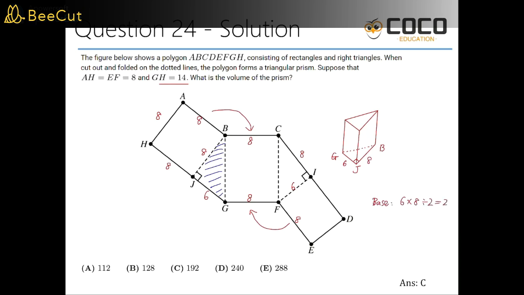The base area is 24. Now after you fold it, the height is JH. When you fold it, this line becomes the height. So the height is 8. Then base area times 8 gives us the volume. It's 192. So the answer is C.